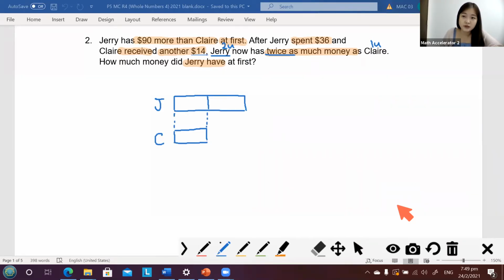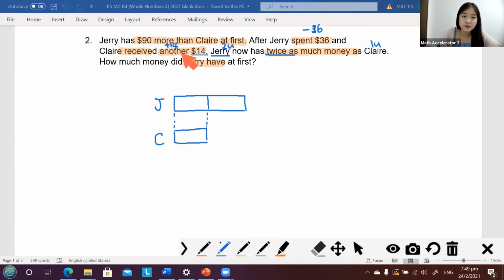Okay, then now we need to work backwards. So this model is at the end, which is after Jerry spent $36 and after Claire received another $14. You spend 36 means minus 36.